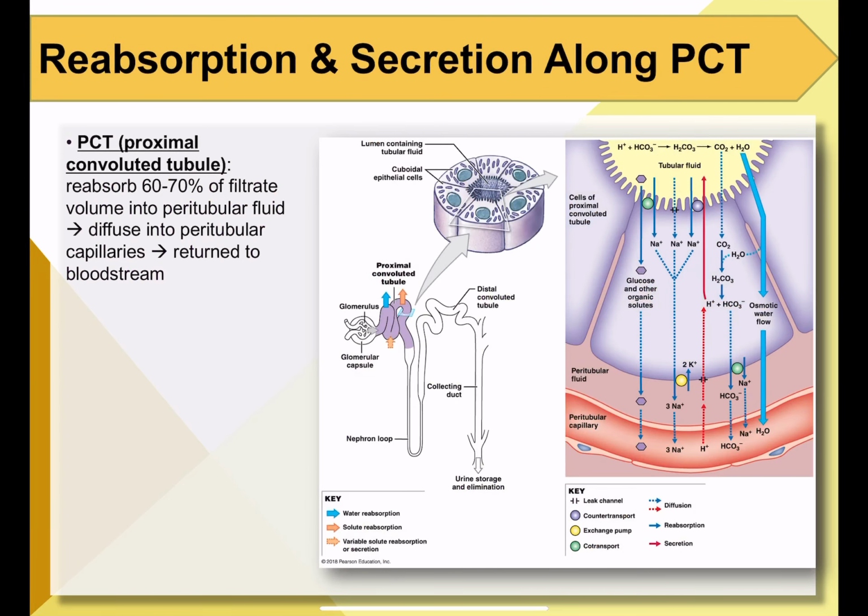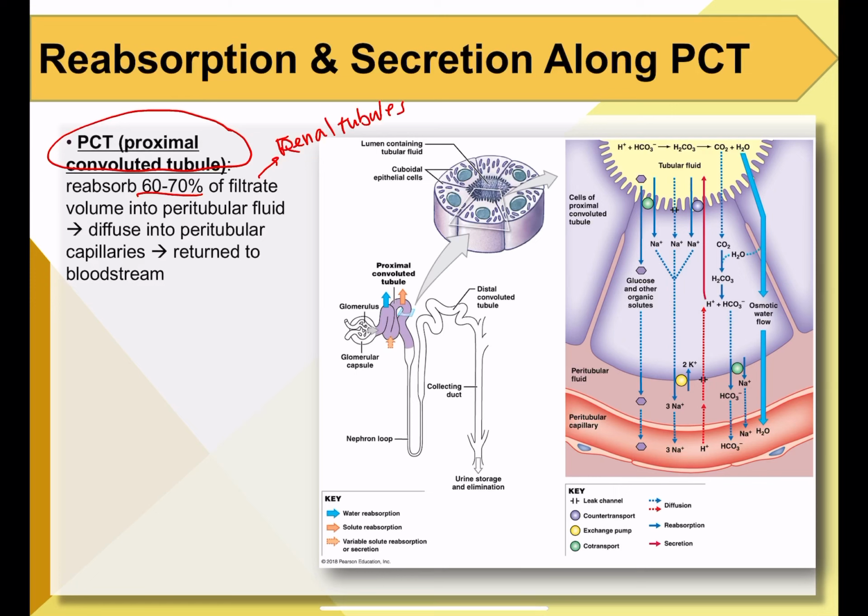All right. Okay, so now we go into what happens within the different regions of the renal tubule. In the PCT, your proximal convoluted tubule, 60 to 70% of the filtrate actually gets reabsorbed here. Remember, filtrate is what went into your renal tubules, which is about to be formed urine.